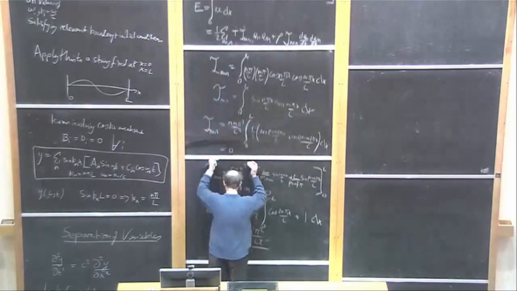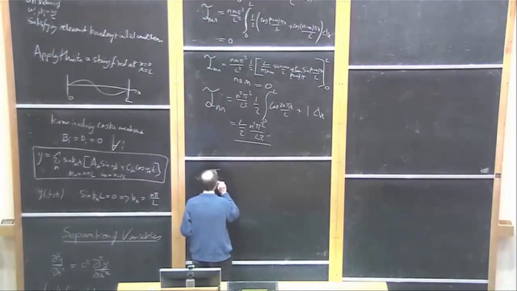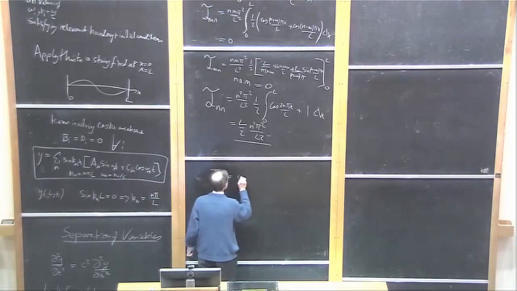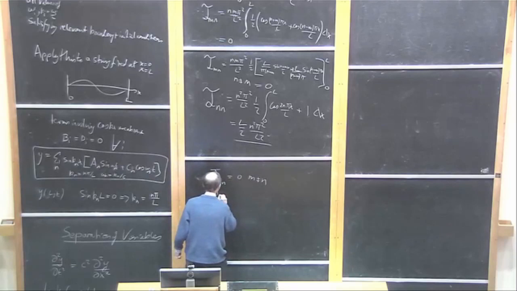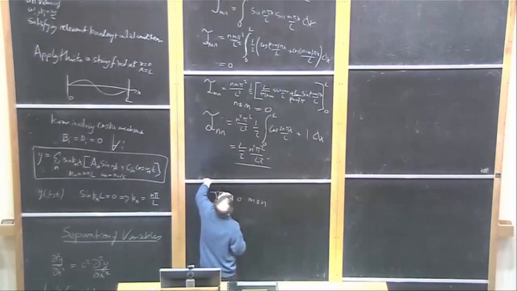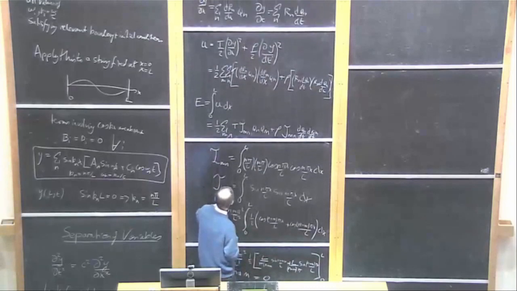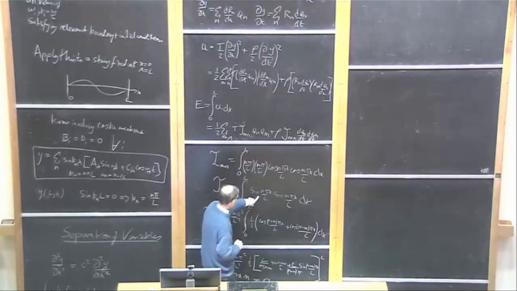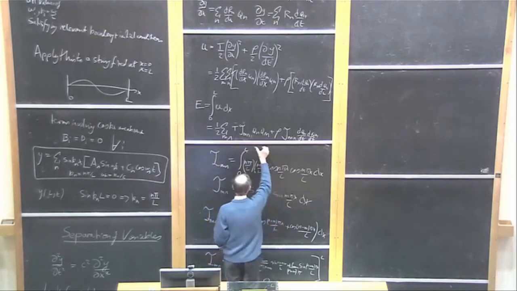But J_mn is 0 for m not equal to n, and J_nn is, now where's the definition? Here is sine squared, it's the integral of sine squared, which is just L over 2, isn't it?